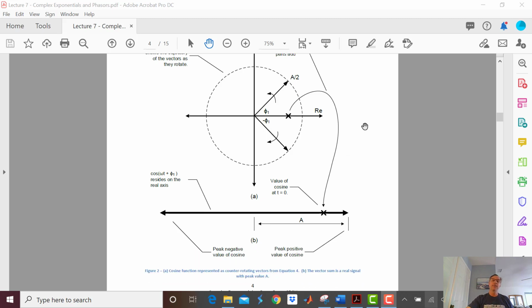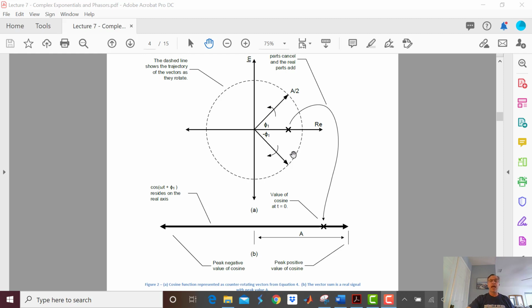So when I look at the result of adding these, they are both A over 2, so they're going to add up to be A, right? But as these vectors are going around like that and the imaginary parts are canceling, the result is just on the real axis. So here we go. These two are flying around and the phase angle is changing linearly with time. And the result of adding them is just going back and forth on the real axis.